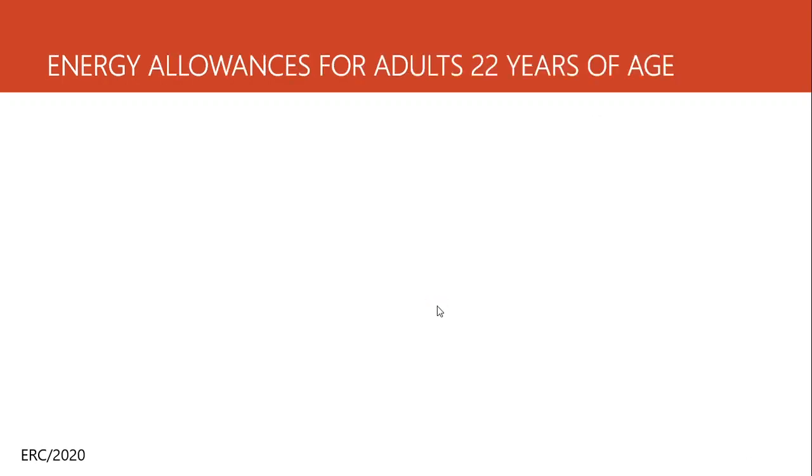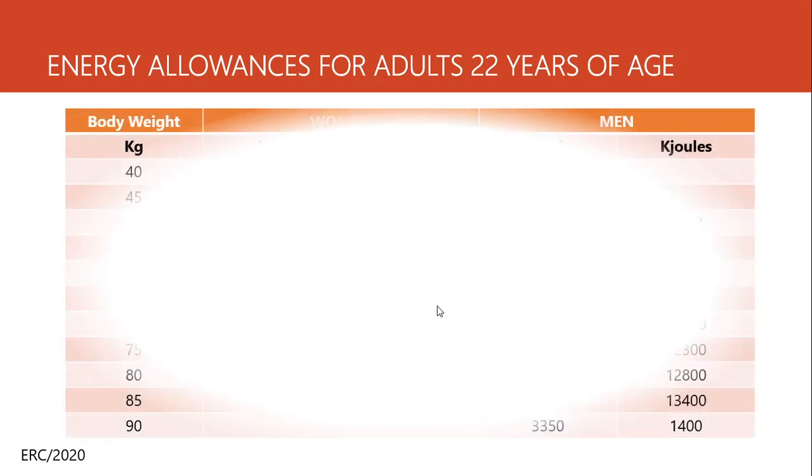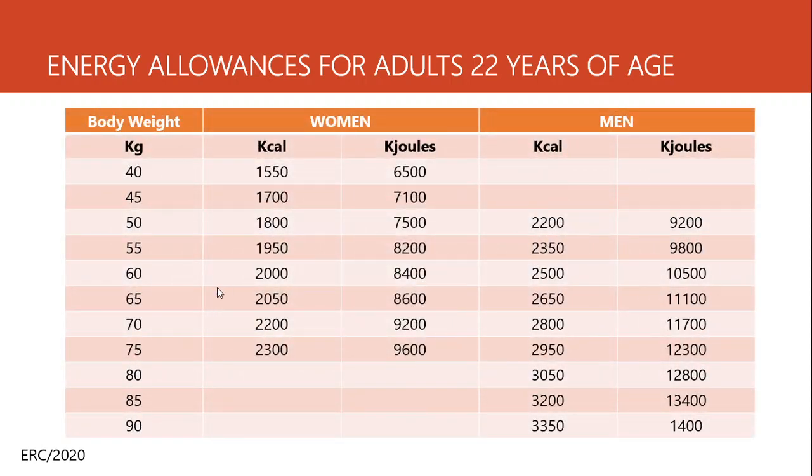Okay, what are the energy allowances for an adult 22 years of age? For 40 kilograms, for the women, we have 1550 kilocalories. For kilojoules, we have 6500.